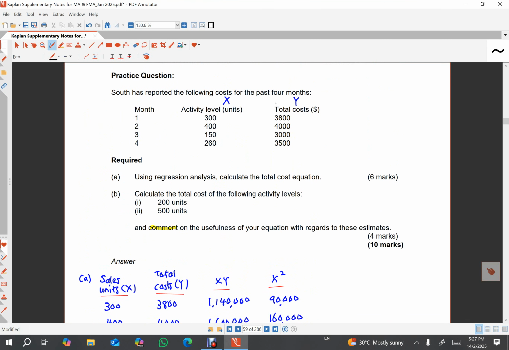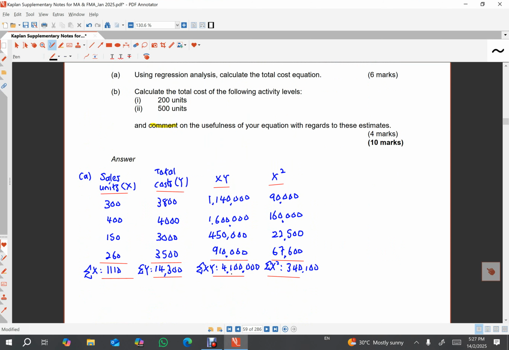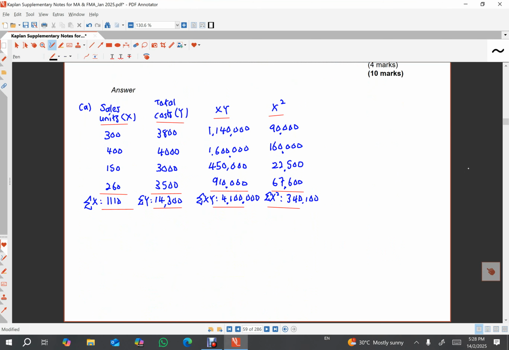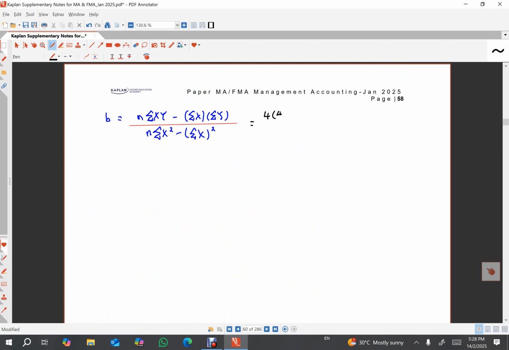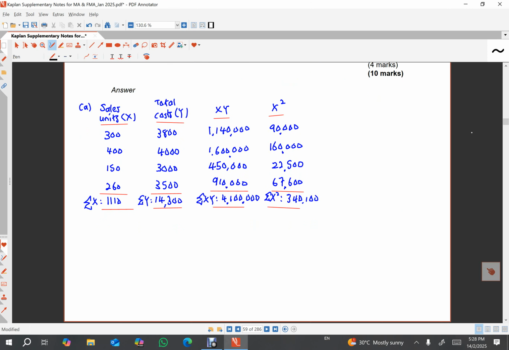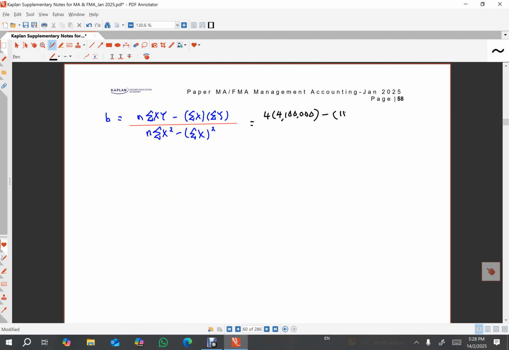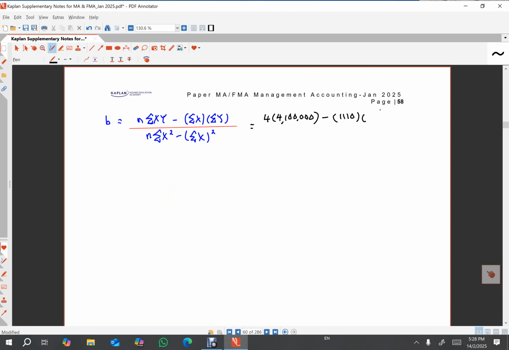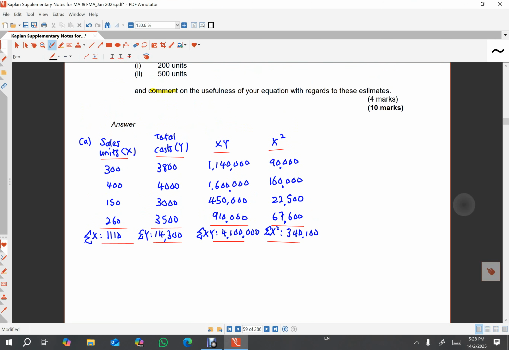Summation of XY, 4.1 million. Summation of X, 1,110. Summation of Y, 14,300.